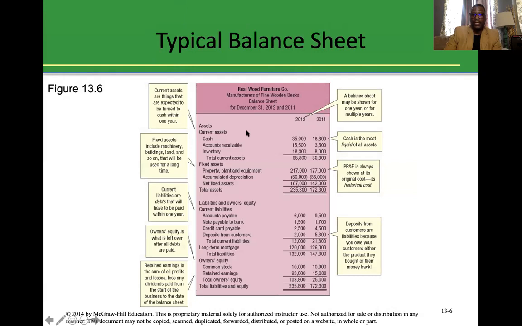Balance sheet, again, this is showing a balance sheet as it relates to 2 years, 2011, 2012. What you'll notice is this comparison. You will be looking at these numbers in order to develop your statement of cash flow. Is there a cash inflow or is there a cash outflow?